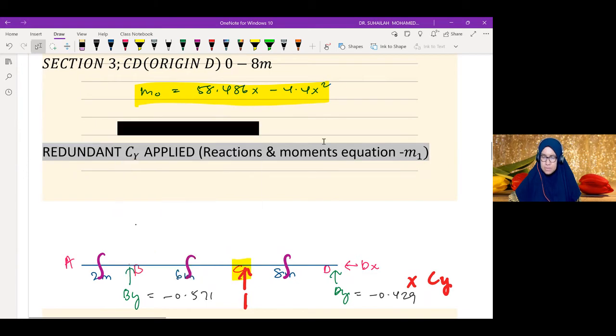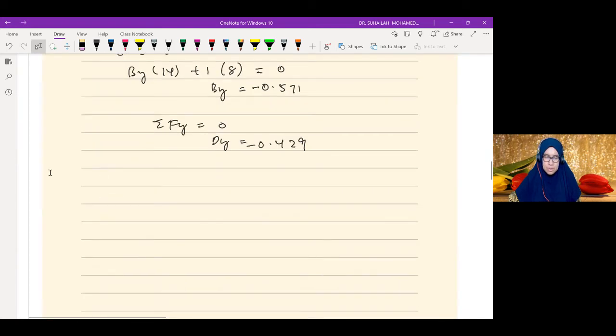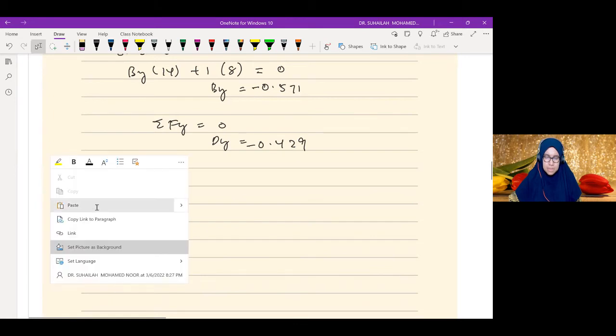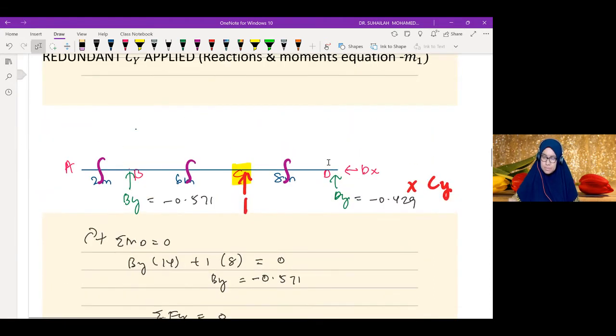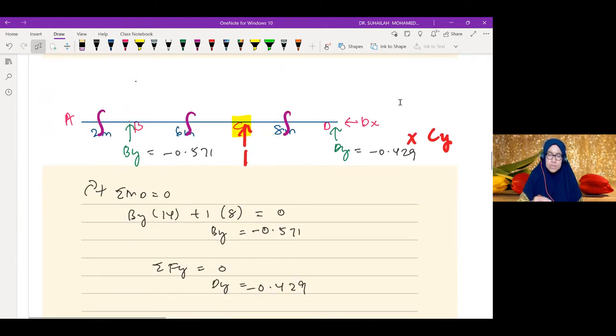Okay, we calculate reactions for system number 3. System number 3 is redundant MD applied. So this is M2.